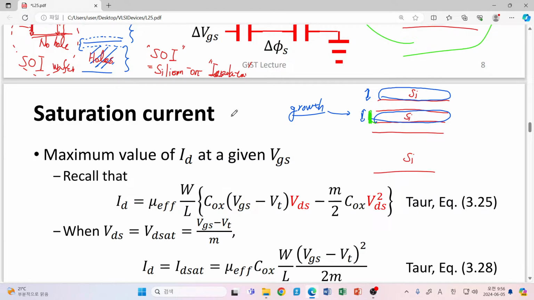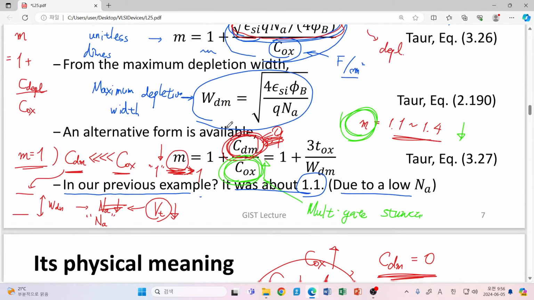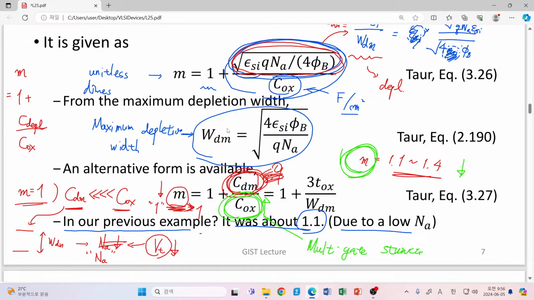So why are we spending so much time on this topic? Because this M is so important. As I told you before, this M is directly related to your subthreshold slope, and the best way is to minimize this M value close to 1. Of course, as I told you before, there can be many different ways, using a relatively low Na value or a higher oxide thickness.